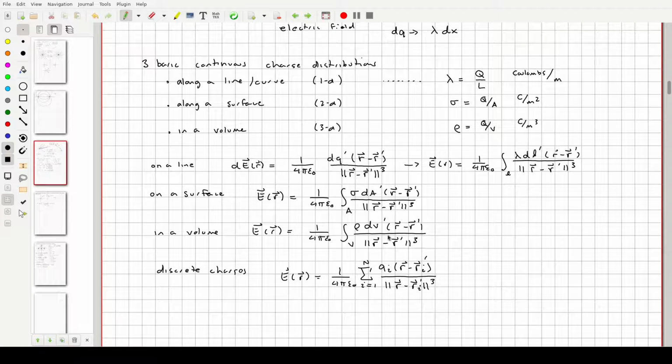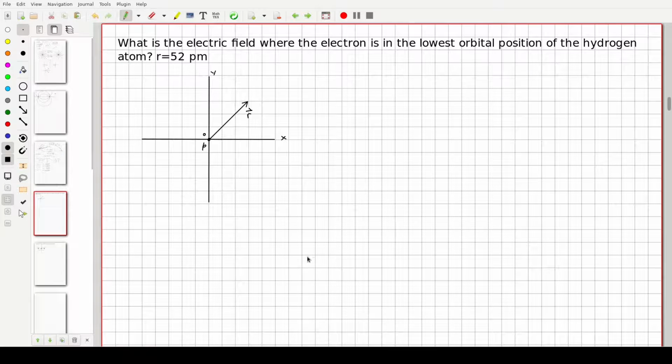Now, as we're going to discover, being able to do these integrals is useful to us, but primarily what we're going to be interested in is the end result of the integration. And I'm going to save that for video 3. So in this case, what I'd like to know is what the electric field is where the electron sits in the lowest orbital position of the hydrogen atom.